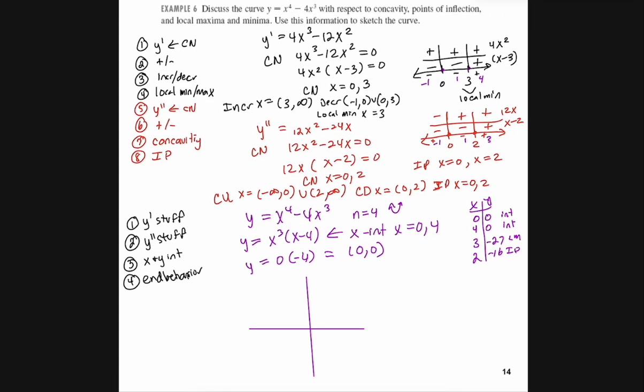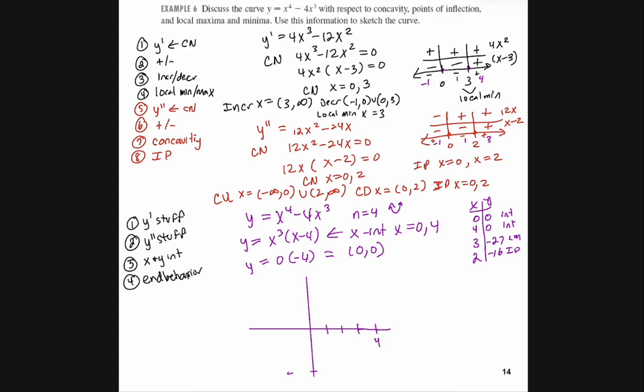So we need to definitely have 0, 2, 3, and 4. The lowest I see down is negative 27.